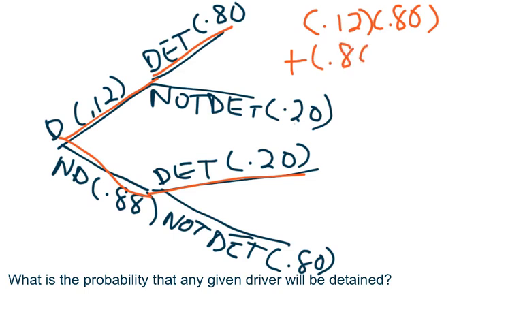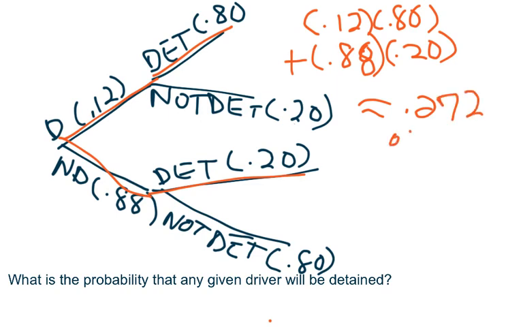That is 0.88 times 0.20. Working this out in a calculator, we get 0.272, or about 27.2%.